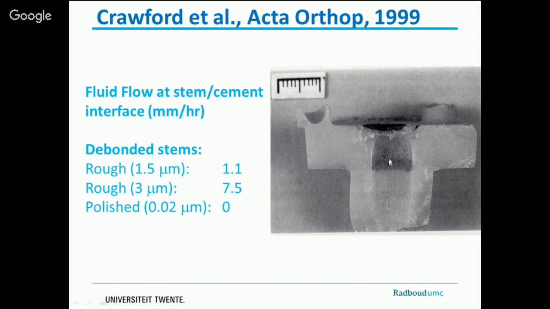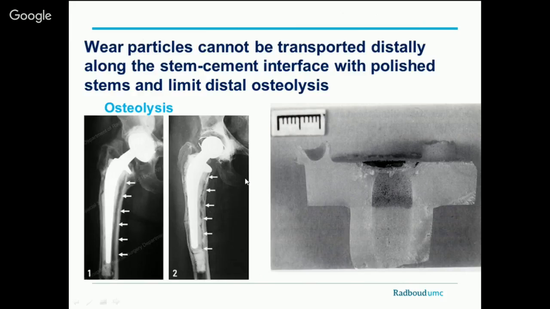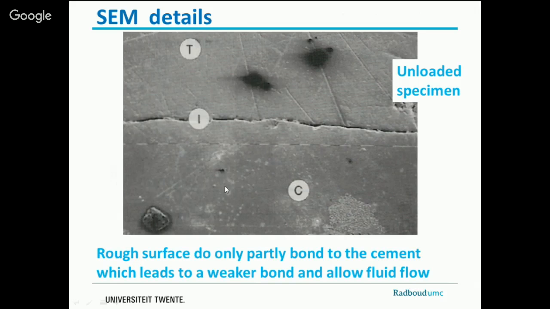So they looked at the fluid flow along the stem-cement interface, and what you see is if you make it polished, there is no fluid flow. If you make it rough, there is fluid flow. So it's a very, very nice demonstration that you can have transportation of wear particles which could lead to osteolysis.